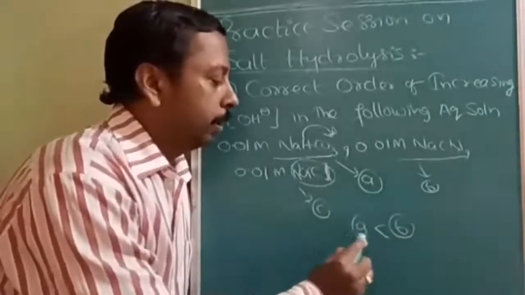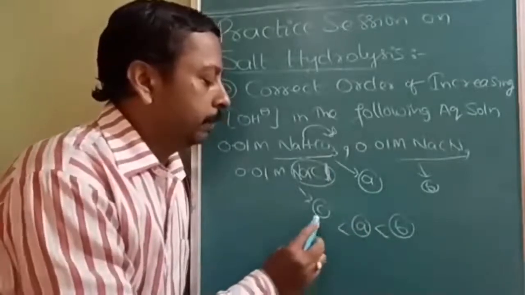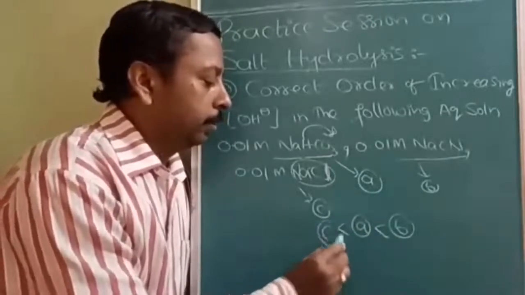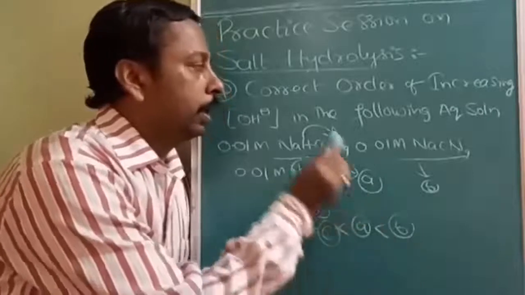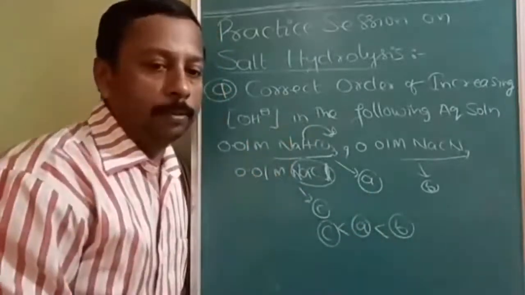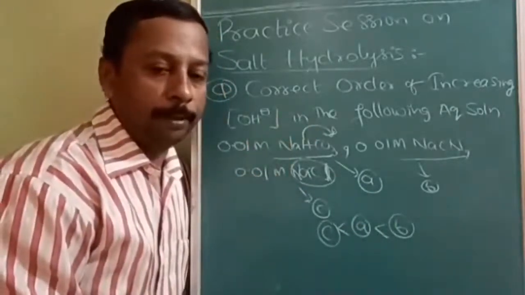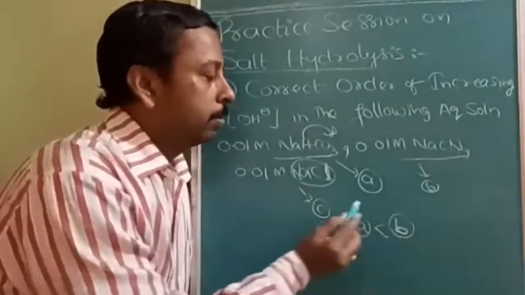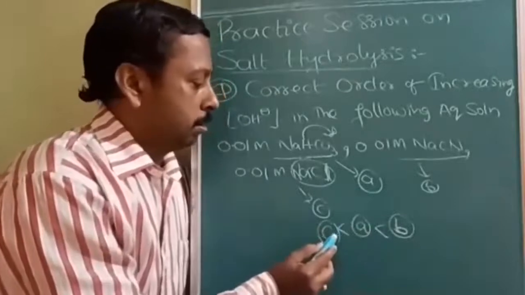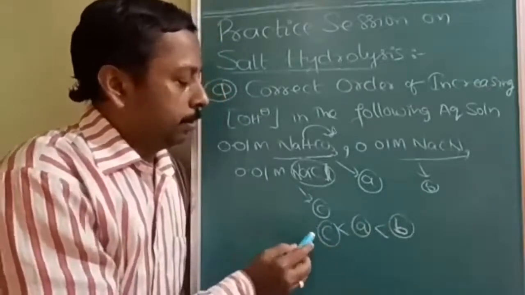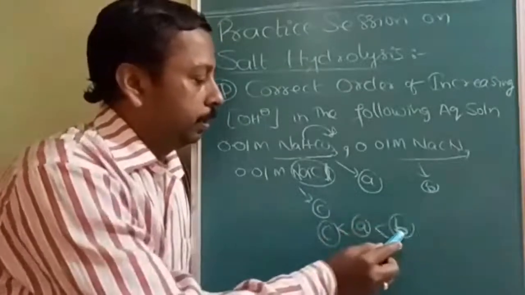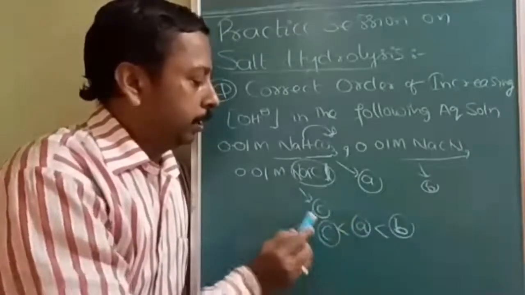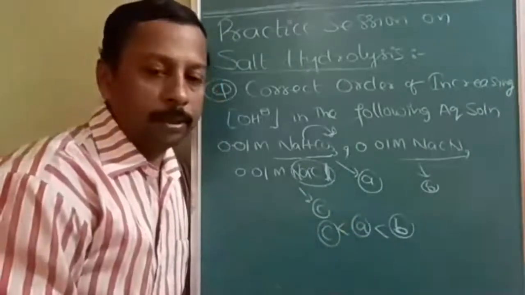Then it will be A. Lowest pH will be of C. So higher the pH, higher will be the concentration of OH minus. So the answer is CAB. Why B, is it understood? B is here, then A, and then C. C is the lowest because it is a strong acid.